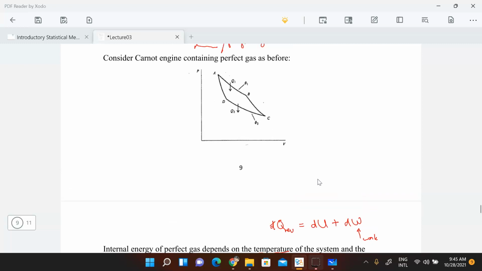The isothermal process is this one between A and B. So this is isothermal. Then C to D is also isothermal, and the other curves are actually adiabatic, D to A.